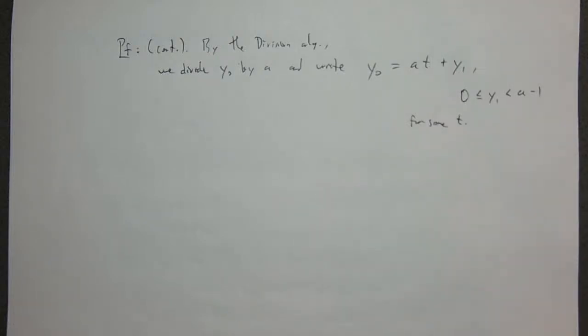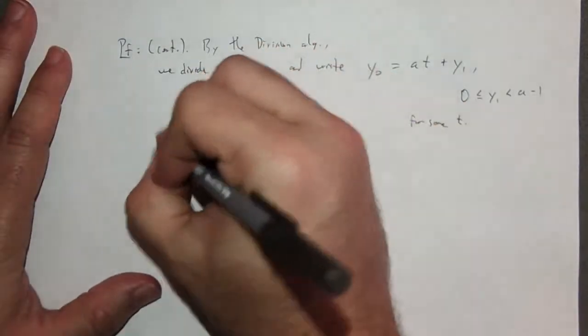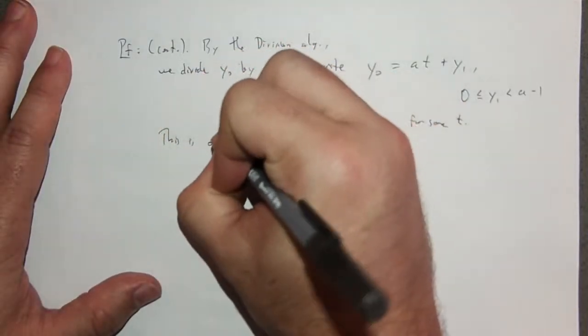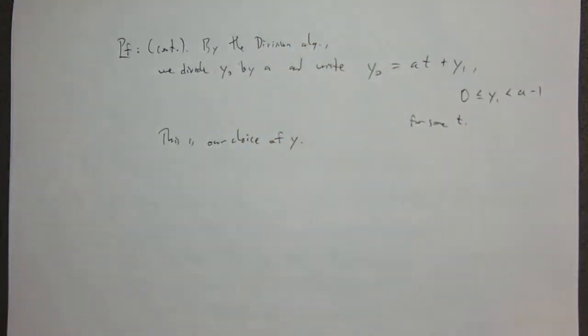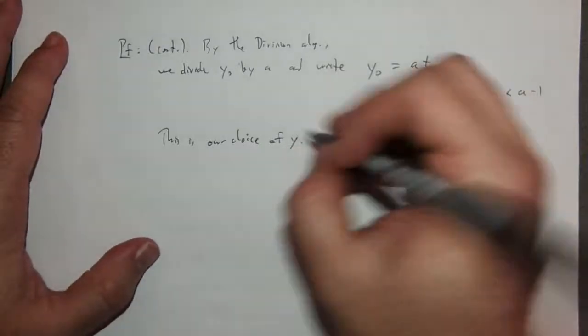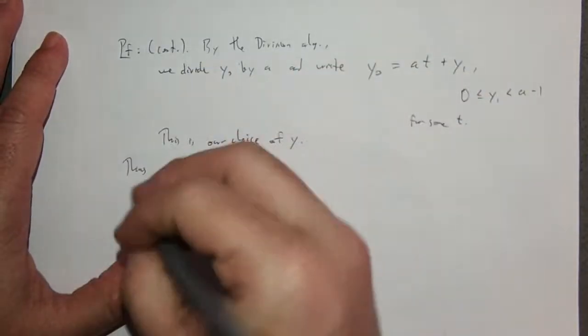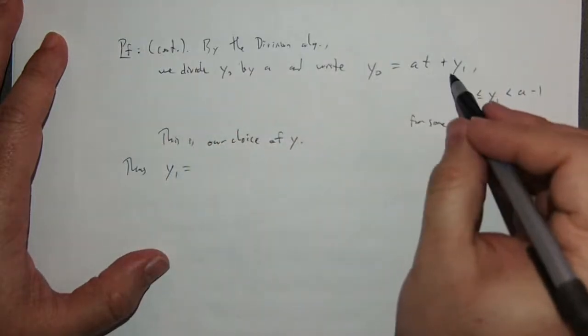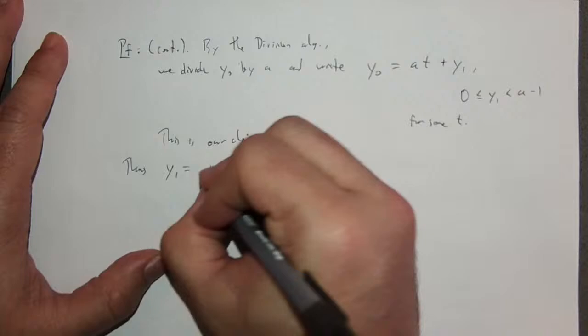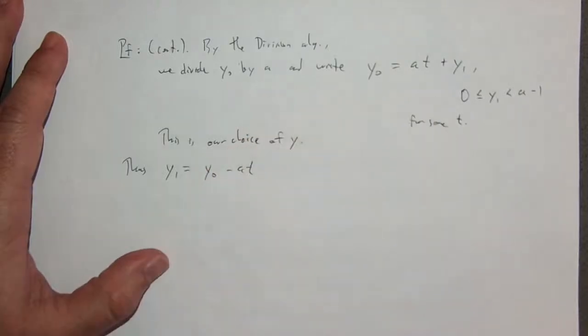Okay. So this is our choice of y. All right. So what I mean by that is this is the y that we're saying is our smallest non-negative y. Okay, so thus y sub 1, just using this to rewrite, y sub 1 is y naught minus at.